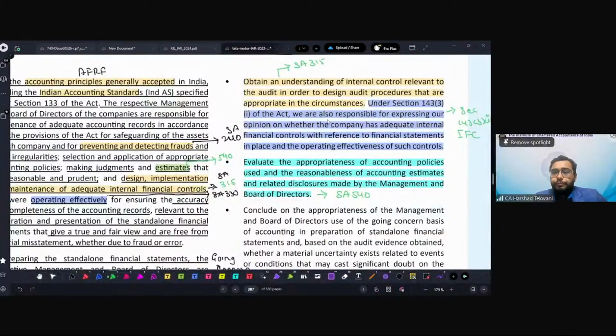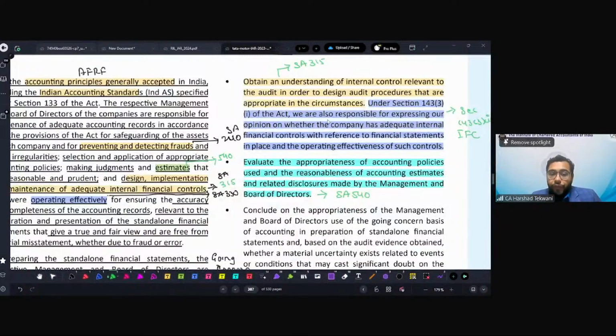Then we conclude on the appropriateness of the management and board of directors' use of going concern basis of accounting in preparation of standalone financial statement, and based on the audit evidence obtained, whether a material uncertainty exists related to events or conditions that may cast significant doubt on the company's ability to continue as a going concern.